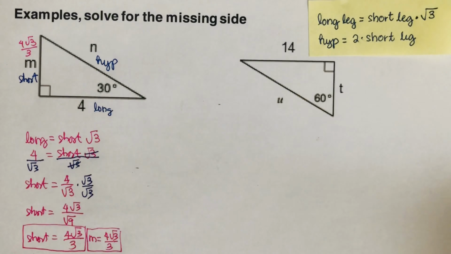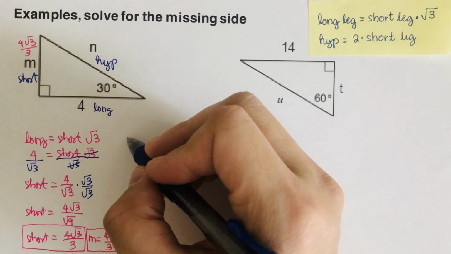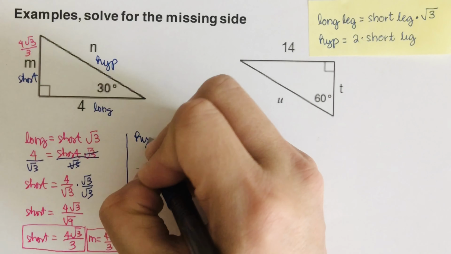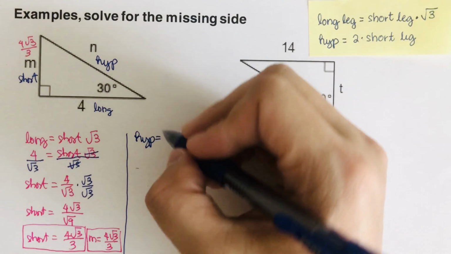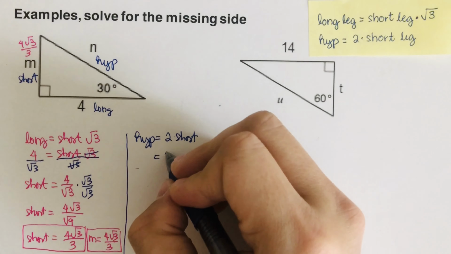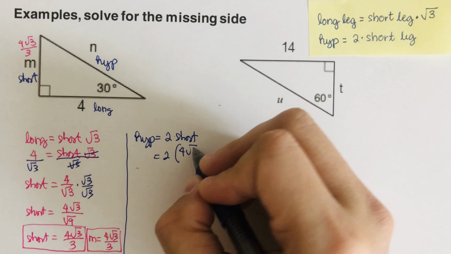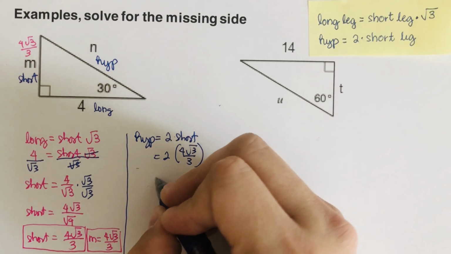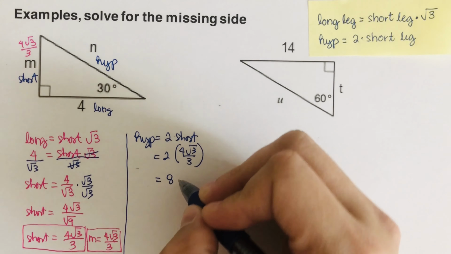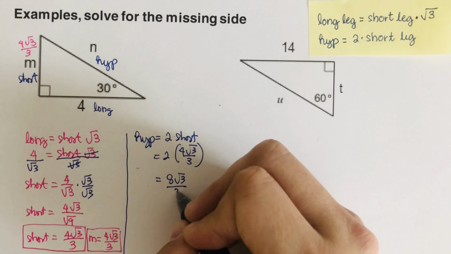Now we want the hypotenuse, so we're going to use the other equation. The hypotenuse is equal to 2 times the short. That means 2 times 4 square root of 3 over 3. 2 times 4 is 8, so that's 8 square root of 3 over 3.